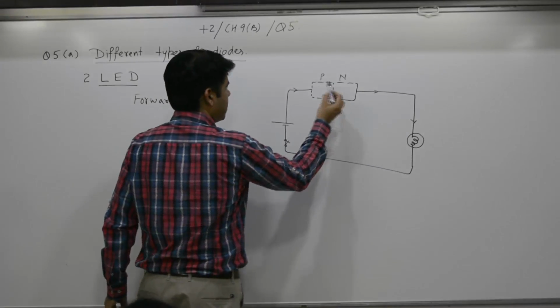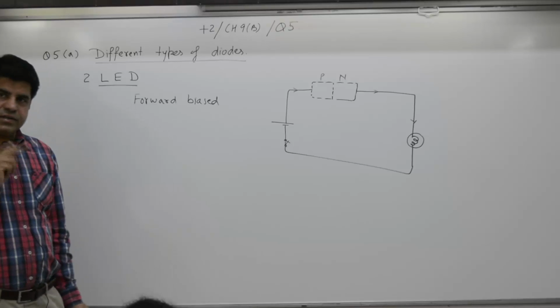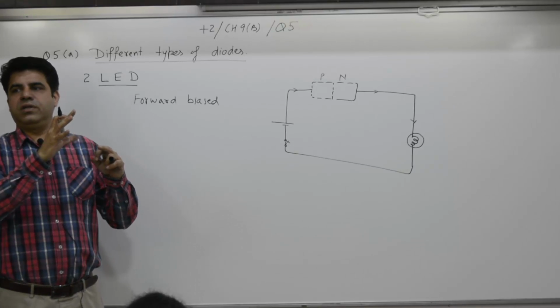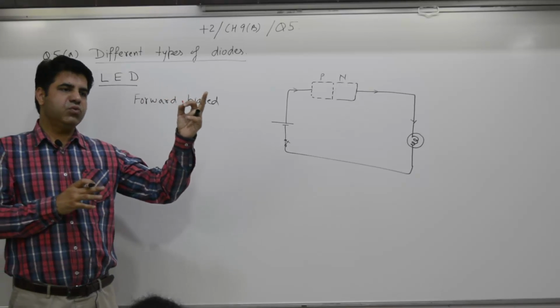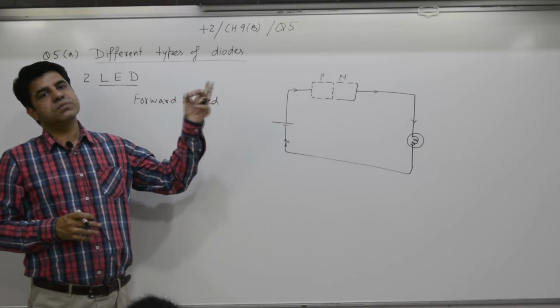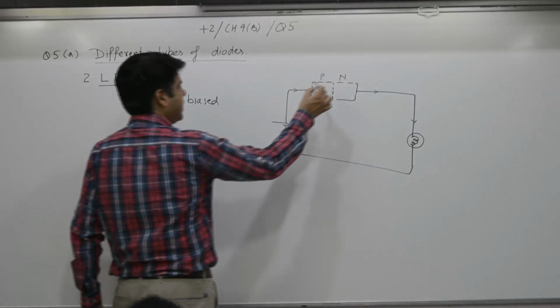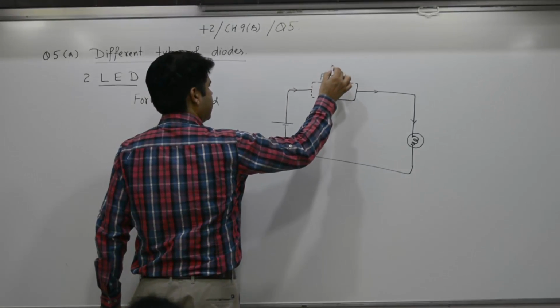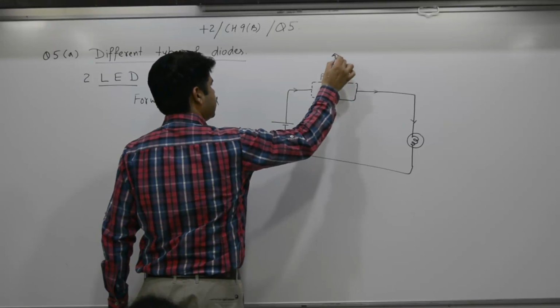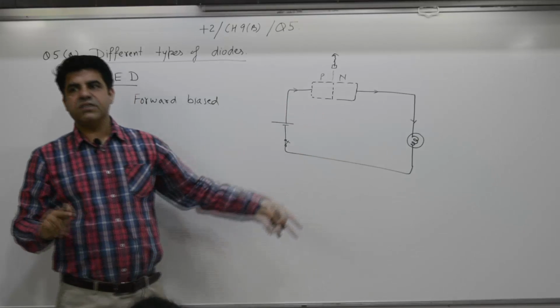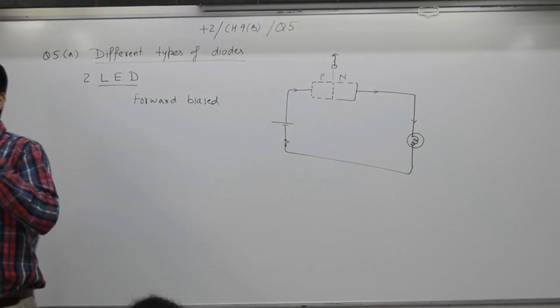Whenever one electron combines with a hole, earlier you were providing photon energy and making the electron move. In this case, it is the reverse process. Whenever that electron hole combination takes place, a photon is released. In the previous case, the photon was entering. It is the reverse of that. Photon is released.